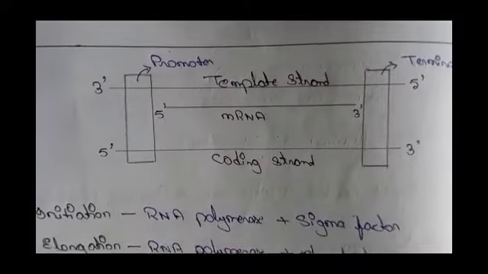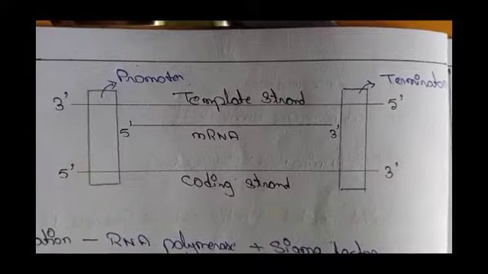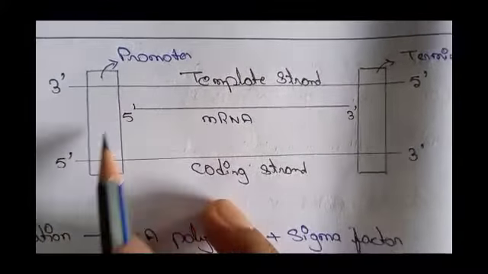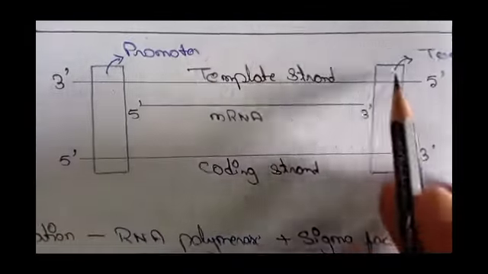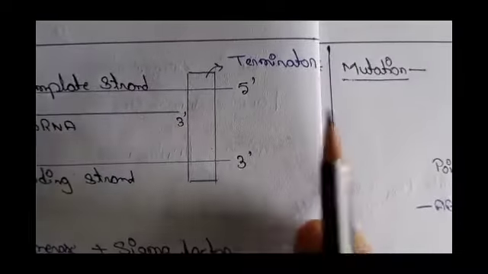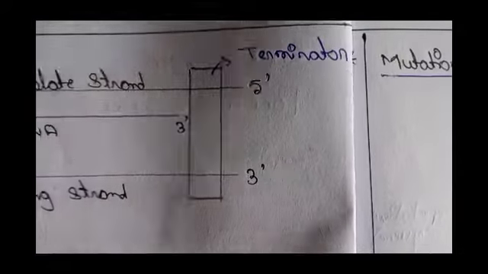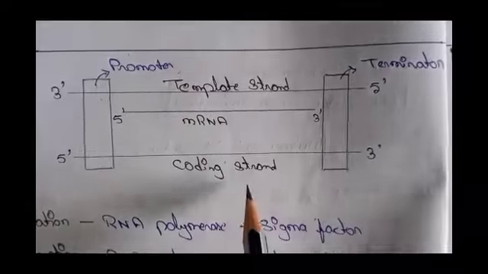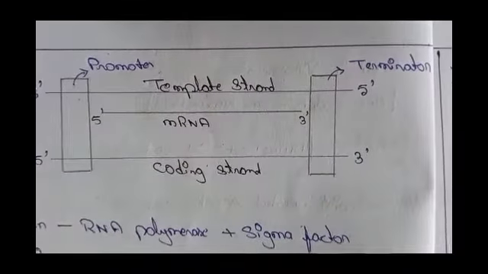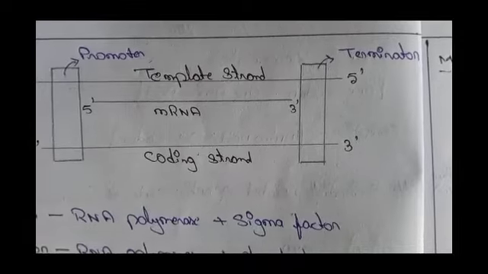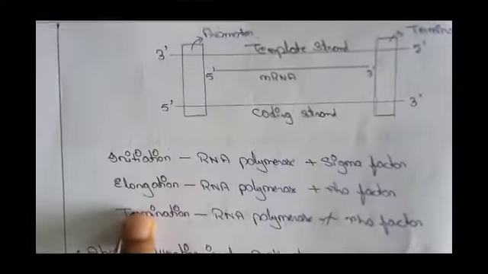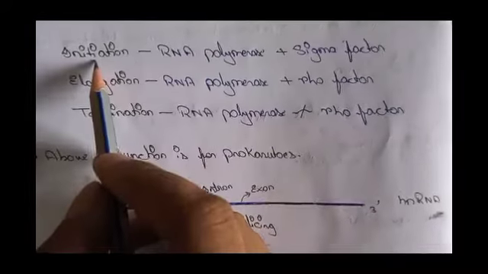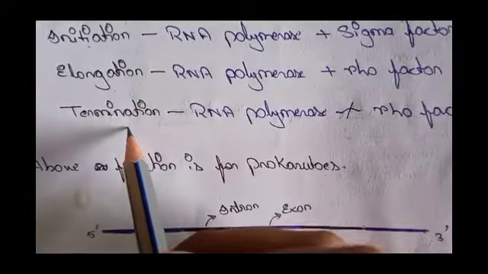this is the coding agent of the transcription process. This site we can say is the promoter site. This side we can say is the terminator site. This is the template strand for mRNA. This is the coding strand. So there are three phases in the transcription process: initiation phase, elongation phase, and termination phase.